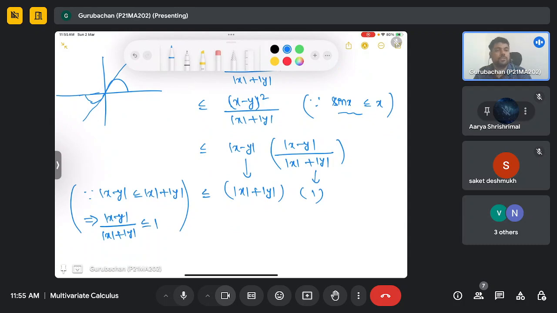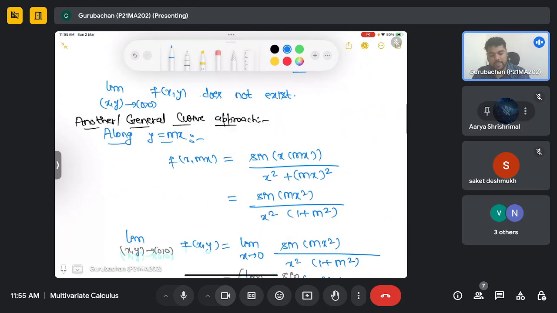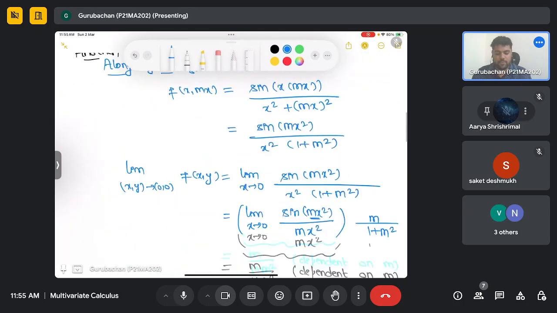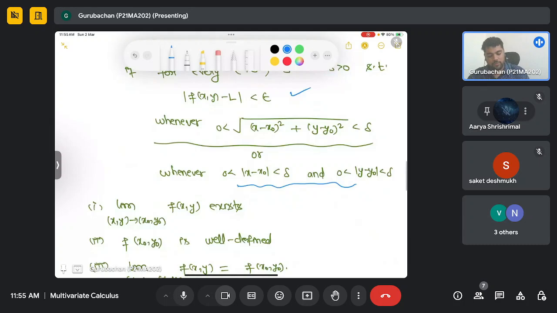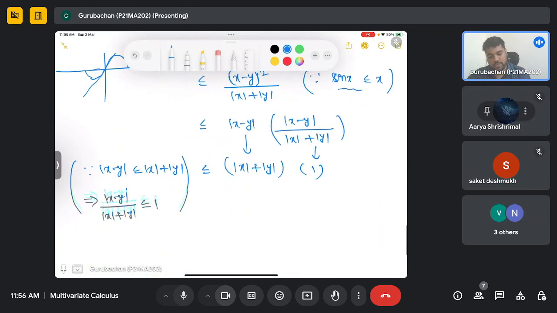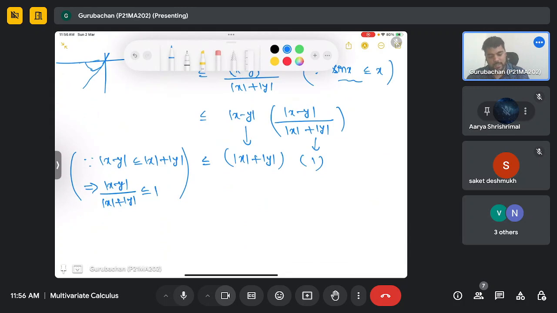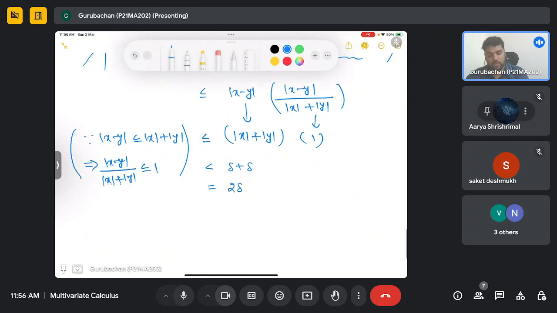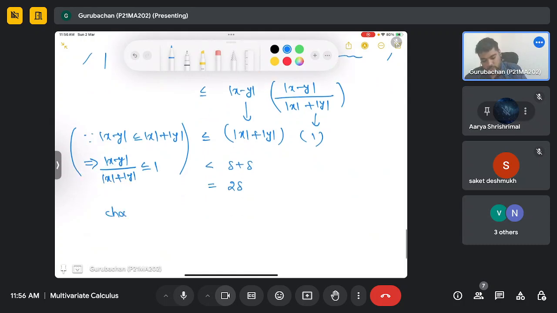So by the definition of epsilon delta, we have reached this point because our x naught and y naught are nothing but 0. So mod x less than delta and mod y less than delta. We know that. So it will be delta plus delta, which will be 2 delta. Okay. Now what we have to take, delta should be epsilon by 2.